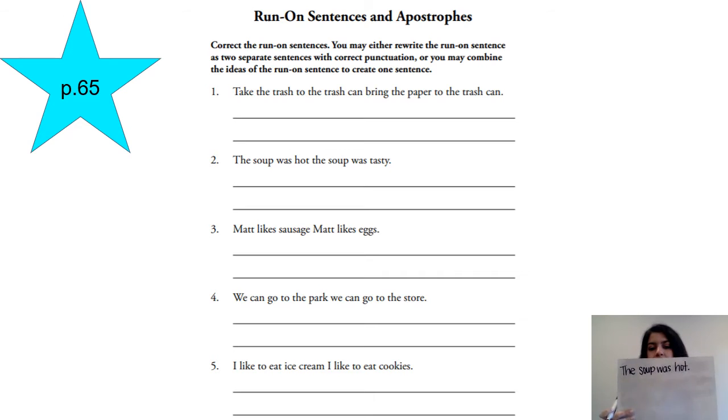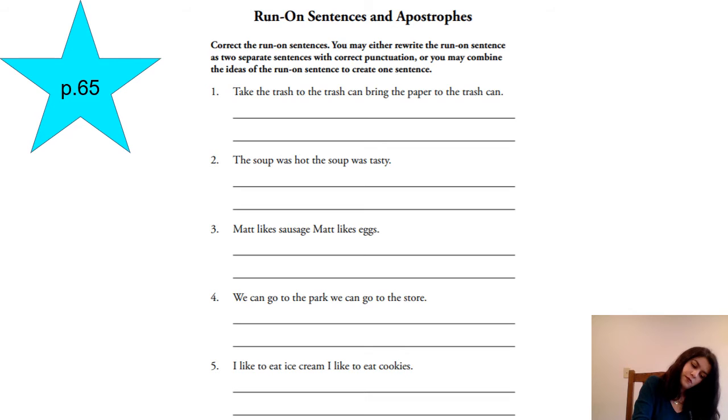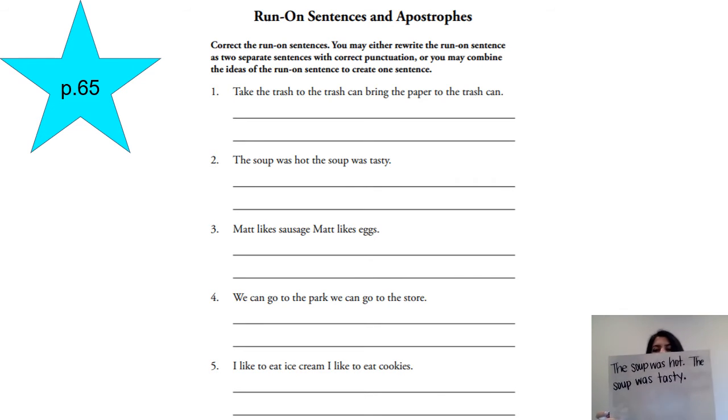So that's the first part. The soup was hot. I put a period at the end. Now I start with that next idea. The soup was tasty, period. So that's option 1 of turning it into 2 sentences. The soup was hot. The soup was tasty.